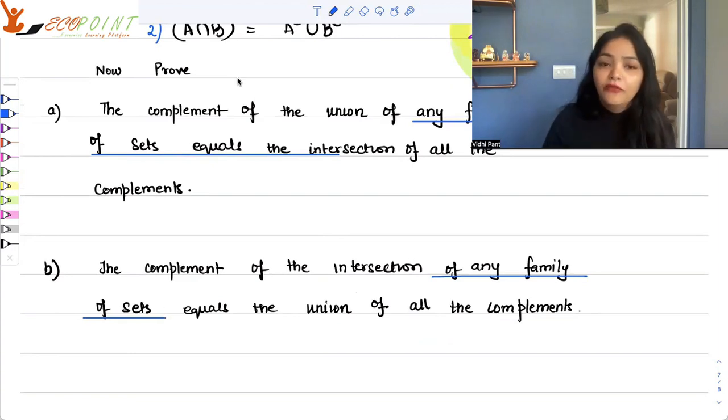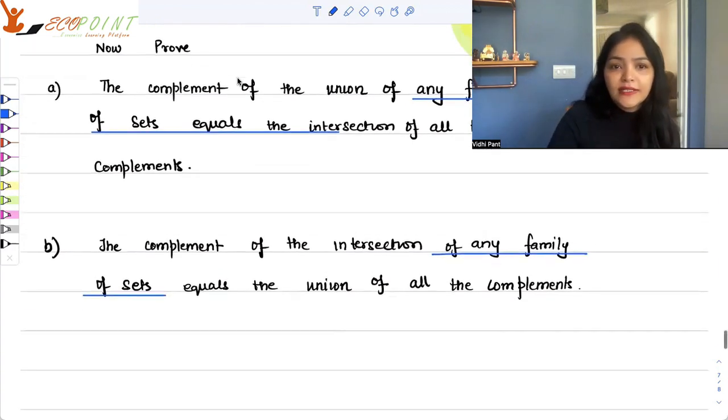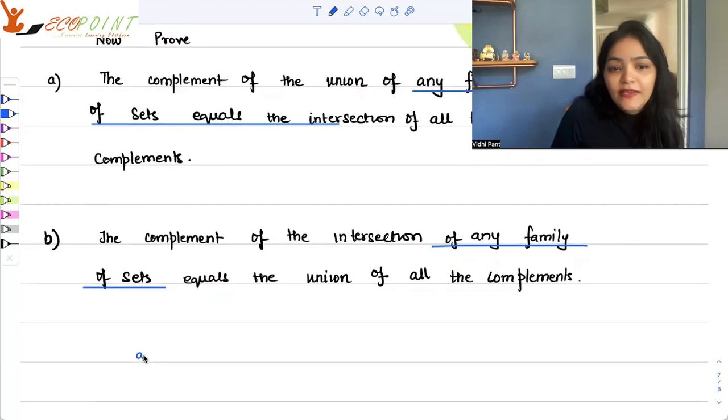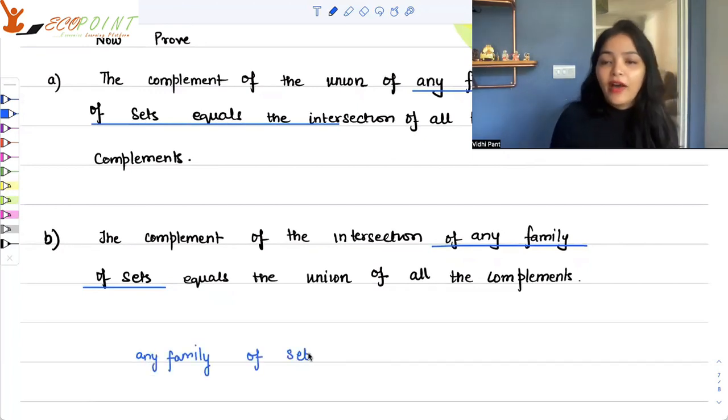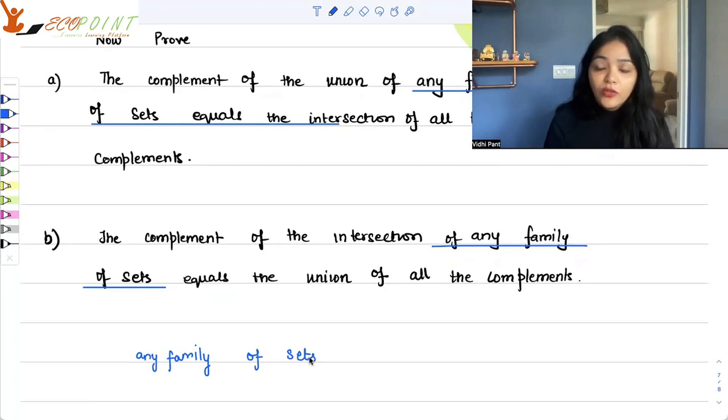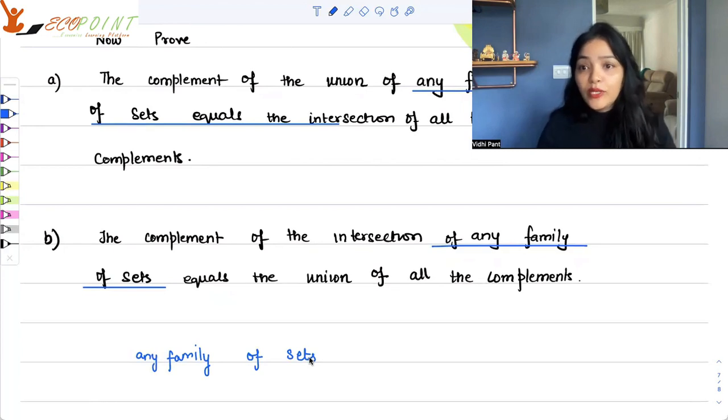How? The first thing that you need to understand is what is any family, how we define a family of sets. When you say any family of sets, it could be a finite family or it could be an infinite family. So you don't know whether you should be taking n number of sets in this family, A1, A2, maybe it could be arbitrary, A alpha, A beta. You don't know where to stop.